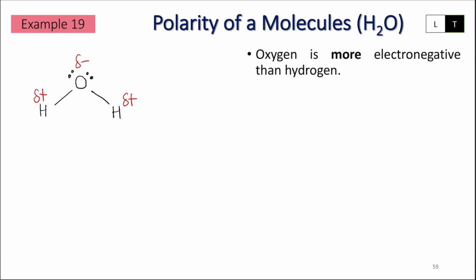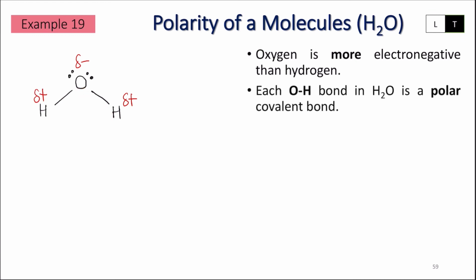And then kita boleh anggap this bond, OH bond, is polar covalent bond because different partial charge. Next, kita boleh lukis sekarang the direction of bond dipole ke arah oksigen. So, both of them towards oxygen.